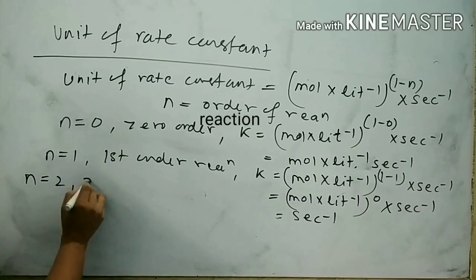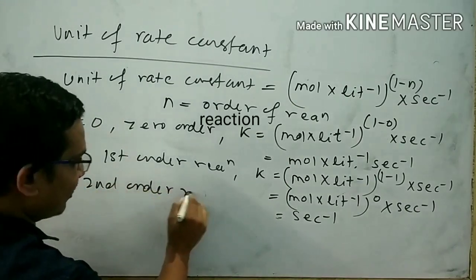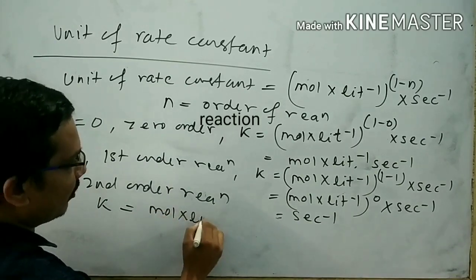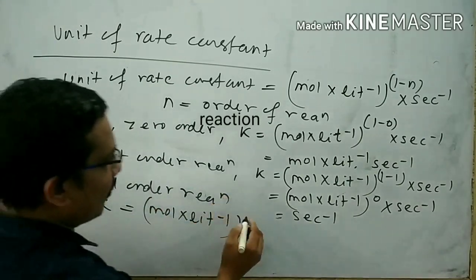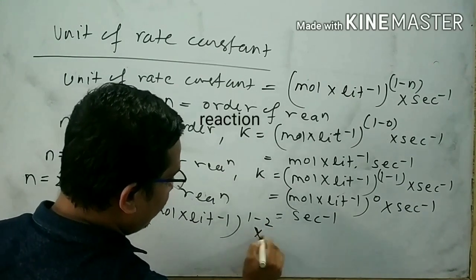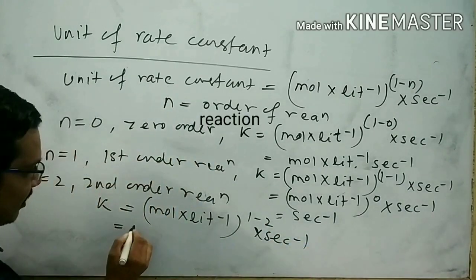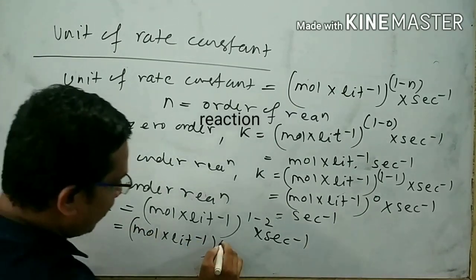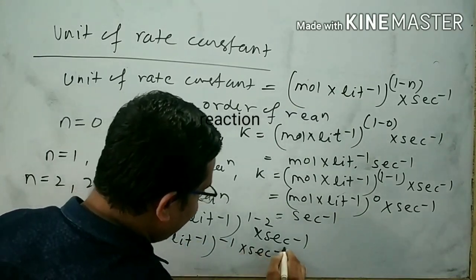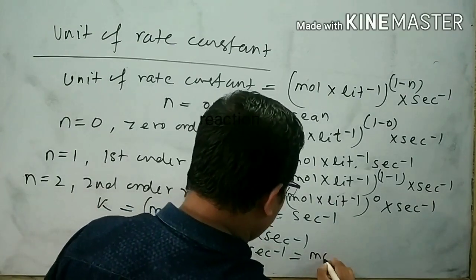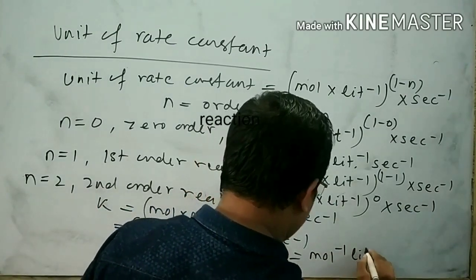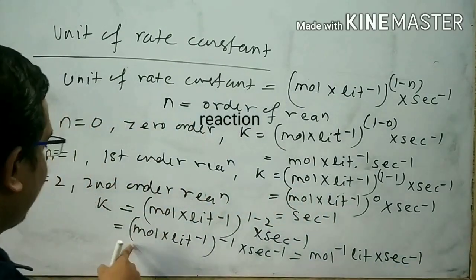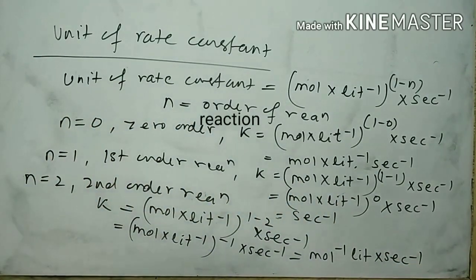If n is equal to 2, that is a second order reaction, the unit of K equals mole into liter inverse power 1 minus 2 into second inverse. That means mole into liter inverse power minus 1 into second inverse. We can write mole inverse liter into second inverse. This is the unit of K for a second order reaction.